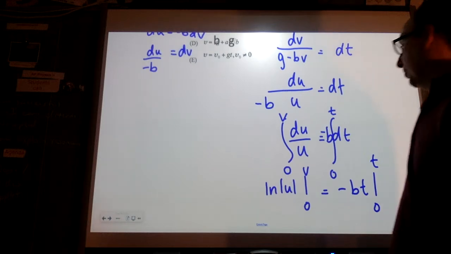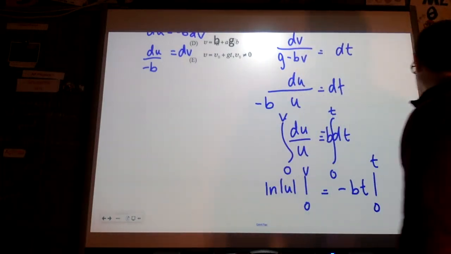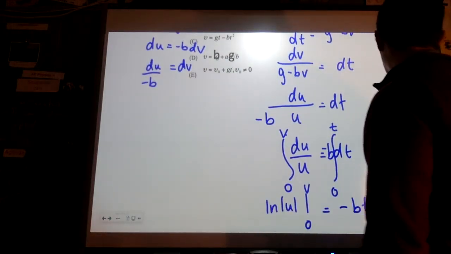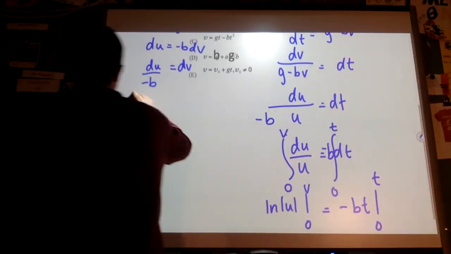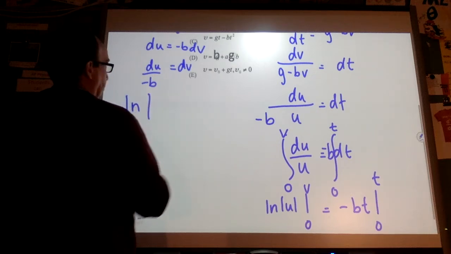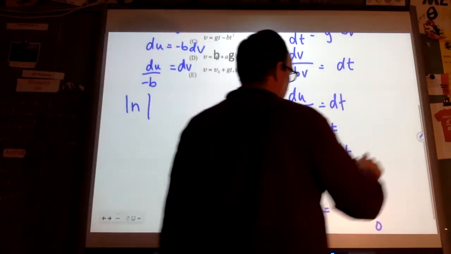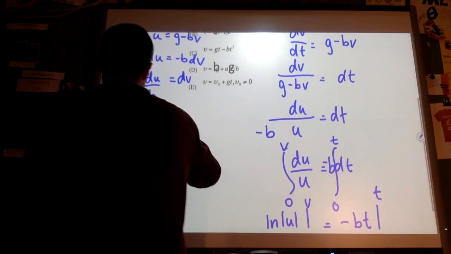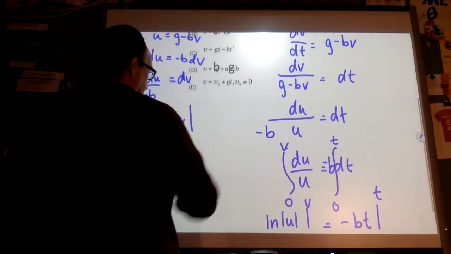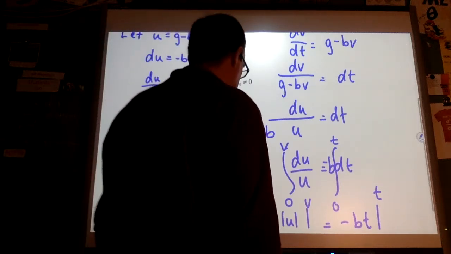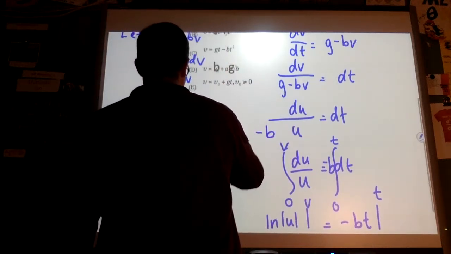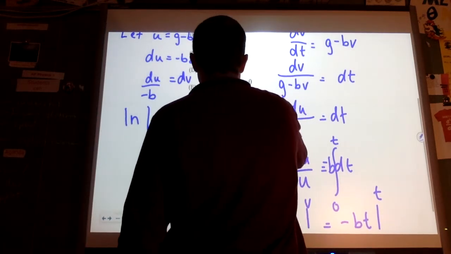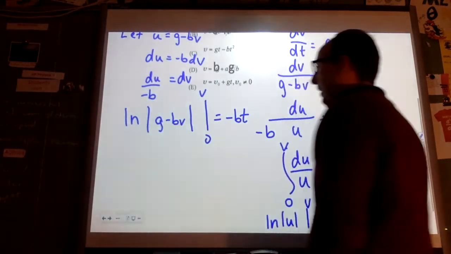All right, so then I'm going to plug back in my u. So let me do this over here. So I'm going to say that I have the natural log, and I made u equal to g minus bv, and this is going from 0 to v, and then this is going to just be equal to negative bt, because when I put a 0 in, I get nothing.